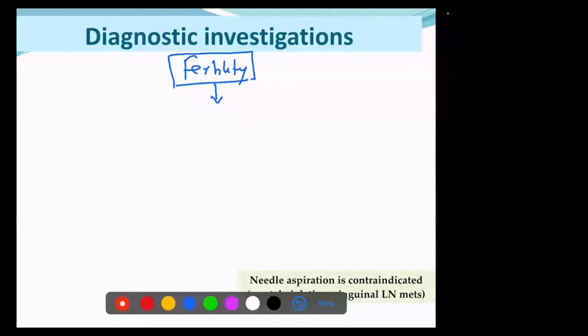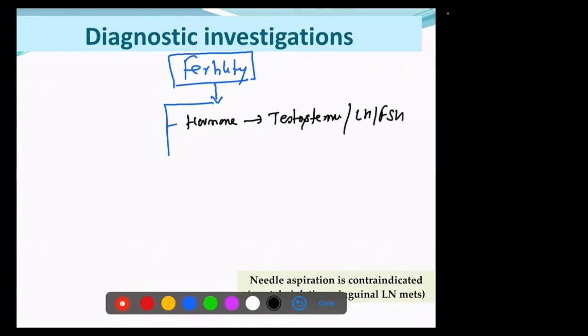For that, you have to check the hormone status before surgery. We check testosterone level, we check LH and FSH, and also we do semen analysis.